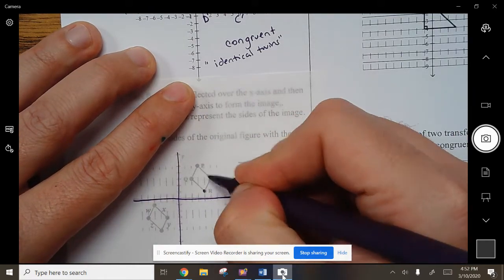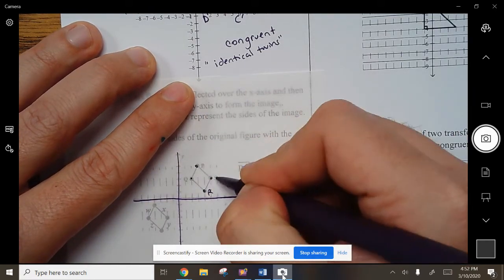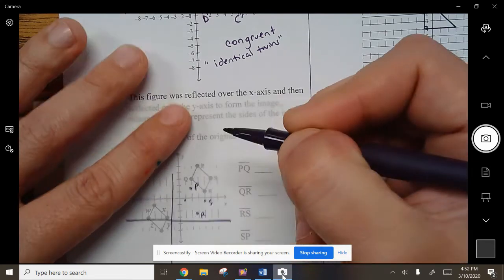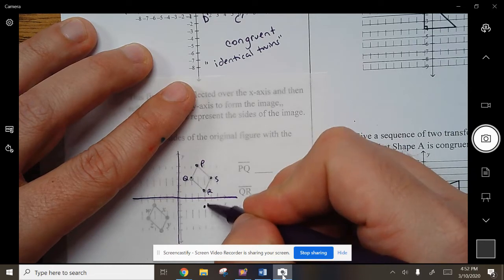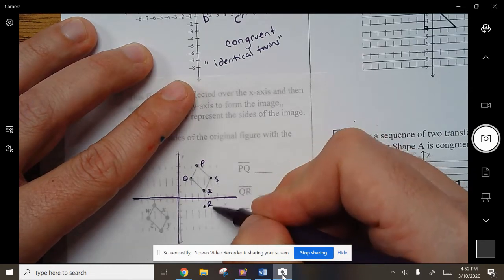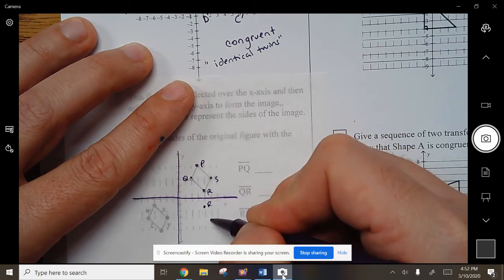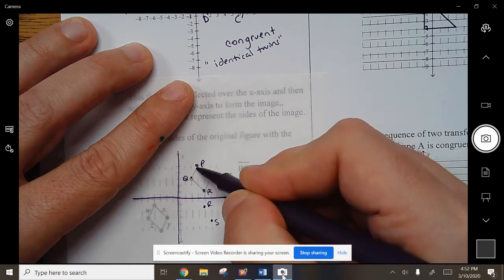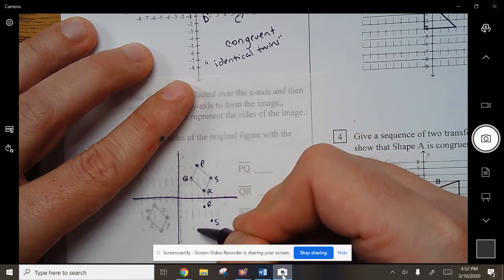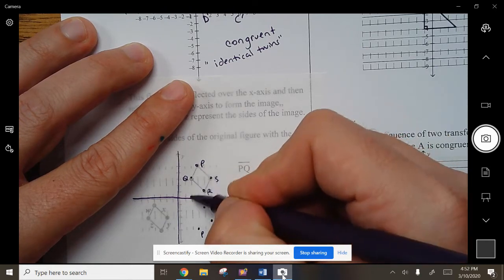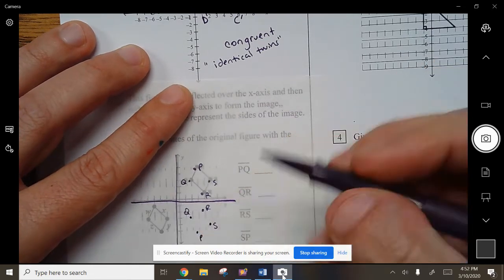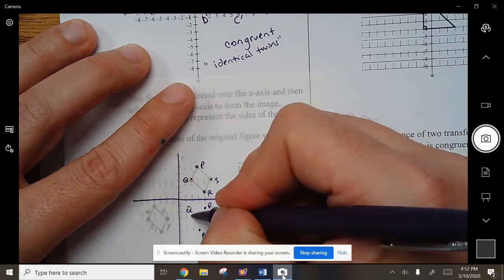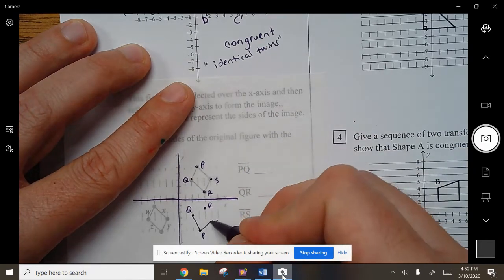And again, this is R, S, P, Q. And if it gets reflected, this is going to be R. This is going to be 4 spots away, 4 spots away. This is going to be S. This is P way up here. So P is going to be way down here. Okay, and Q. And really, again, the patty paper isn't necessary, but we're going to just show you what's happening with it.